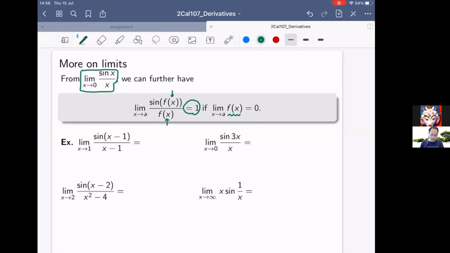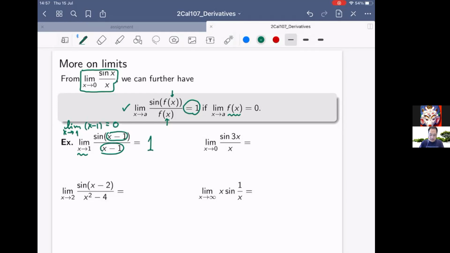So for example, here is your f of x, you see, there is your f of x. And as x goes to 1, x minus 1 equals 0. So it means that we can apply this formula directly, right? So it goes to 1 as well.